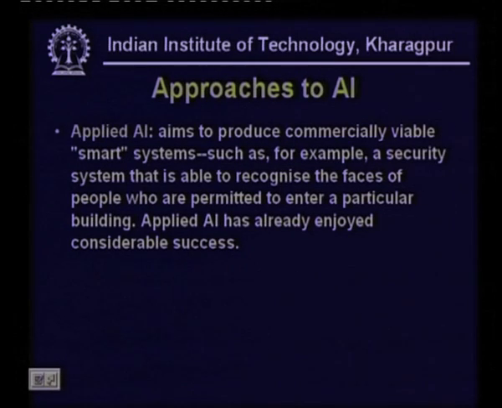Applied AI. The goal of applied AI is to produce commercially viable smart systems. For example, it will be nice to have a security system that is able to recognize the faces of people who are permitted to enter a particular building.